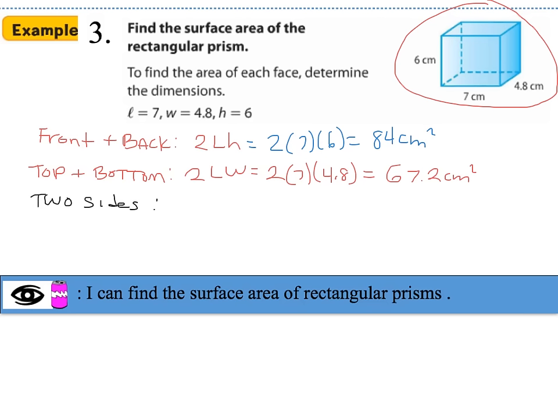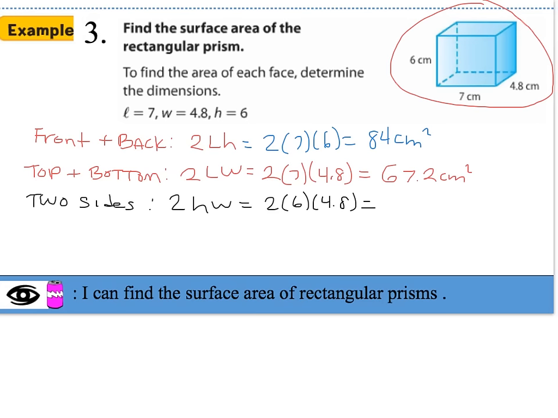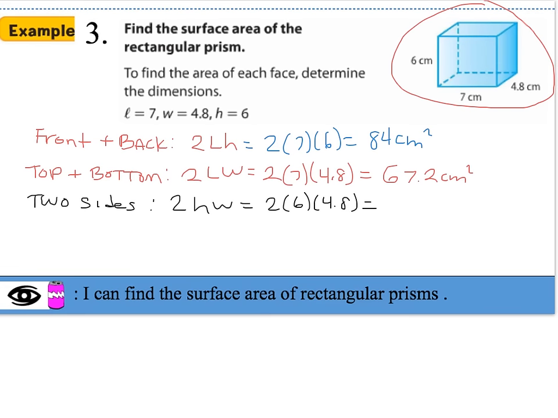So I'm going to take 2 times the height, which is equal to 6, and the width, which is equal to 4.8. When I multiply those out, I get 57 6/10 centimeters squared.